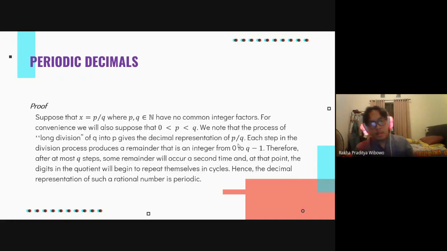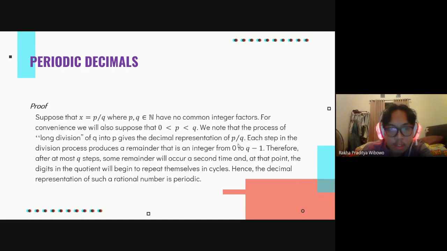To prove it, we suppose that x equals p over q, where p and q are elements of the natural numbers and have no common integer factor. For convenience, we will also suppose that p is between 0 and q. We note that the process of long division of q into p gives the decimal representation of p over q.